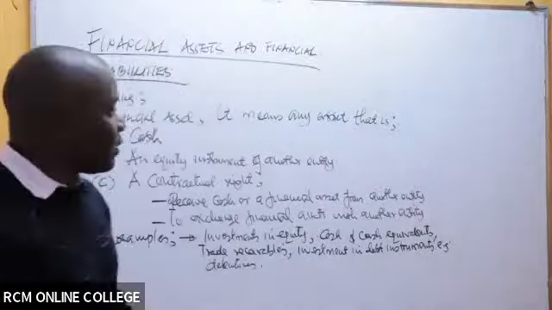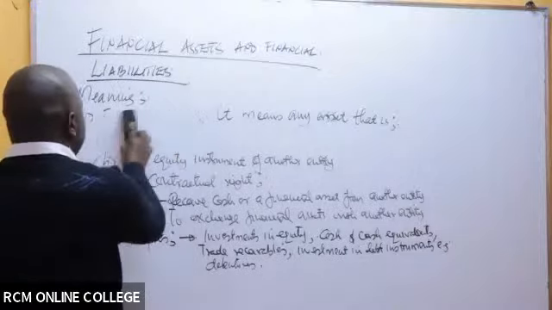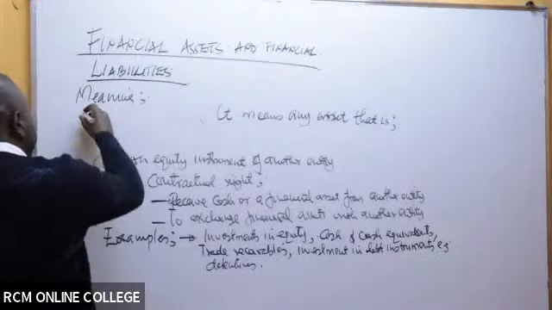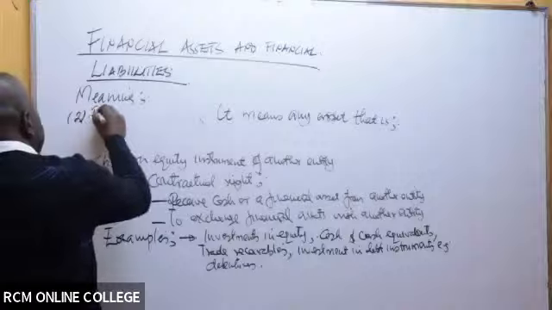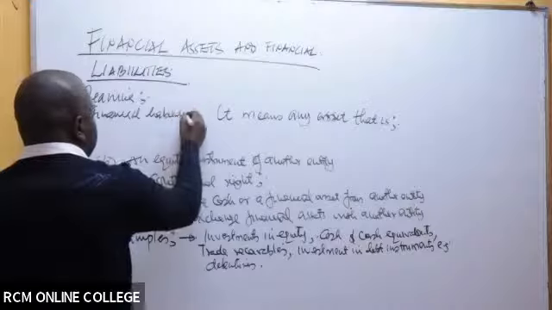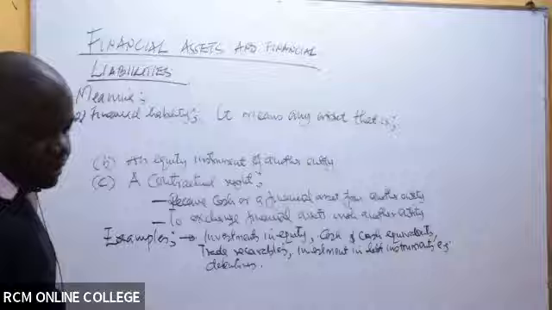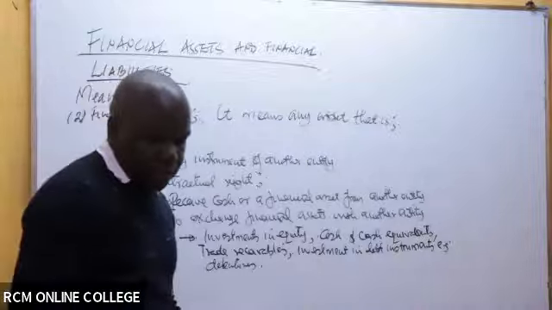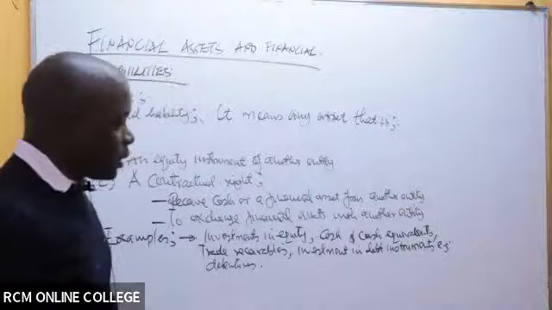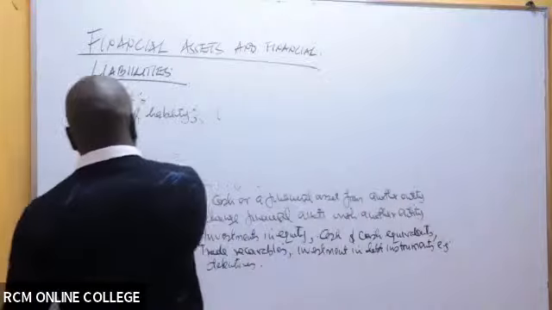Then now, what is a financial liability? So number two, the meaning of a financial liability. What is a financial liability? So you can say, how does it arise?